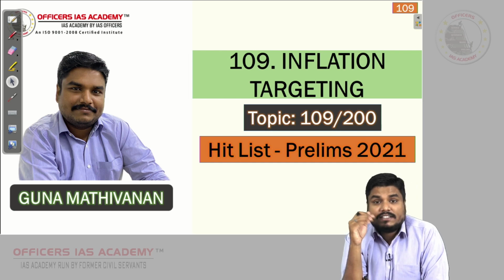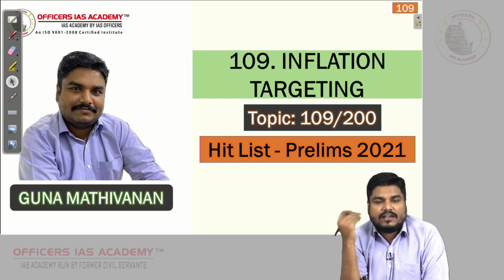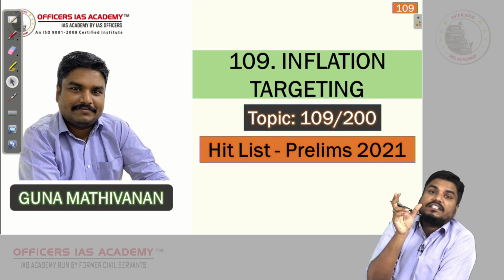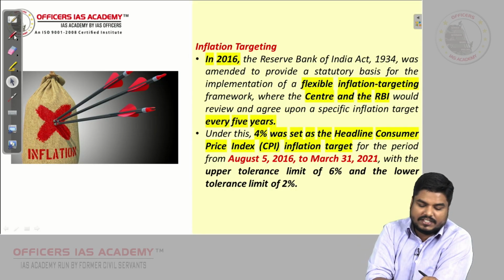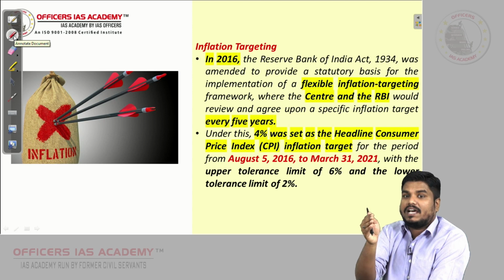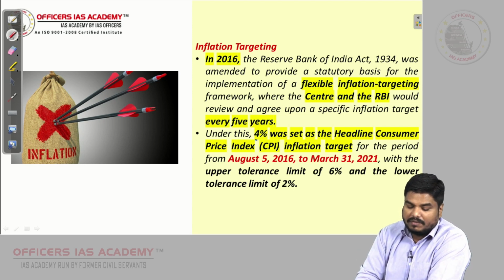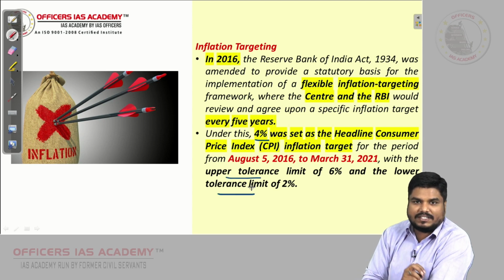So, in 2016, the government, in discussion with RBI, decided to come up with an inflation target range. So, what is the inflation target range? The flexible inflation target range, which was agreed by both the Centre and RBI, is 4%, with an upper and lower tolerance limit of 2%.